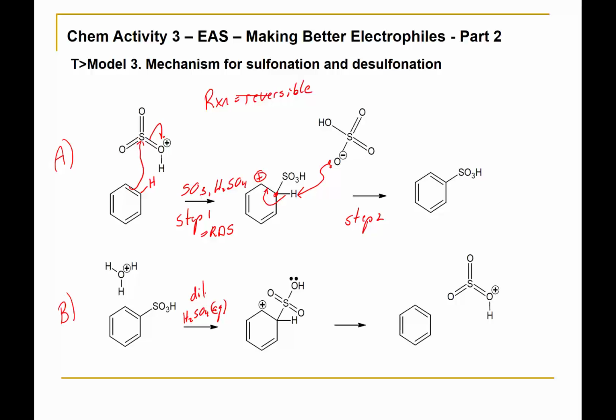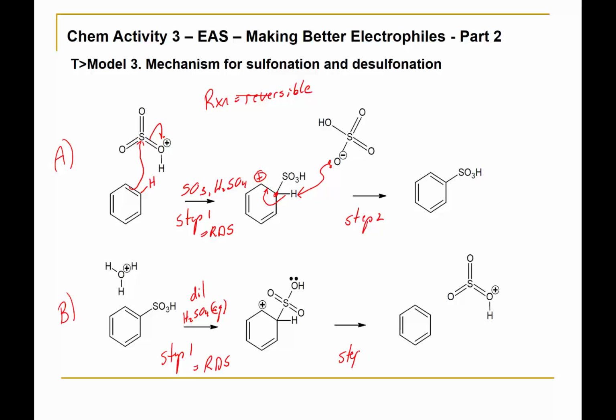Now, as you know, a strong acid in water will generate the hydronium ion. So it'll be our hydronium ion, in a sense, that acts as the electrophile in this first step. And again, this would be step number 1, and it would be the rate determining step.